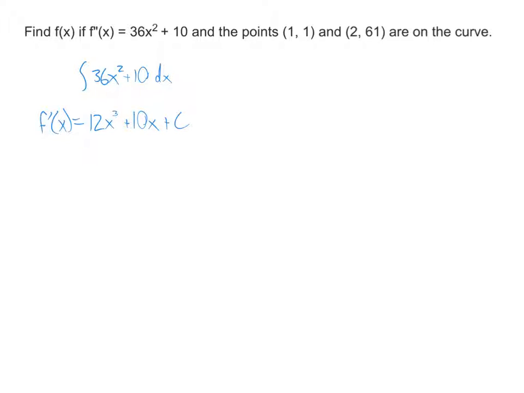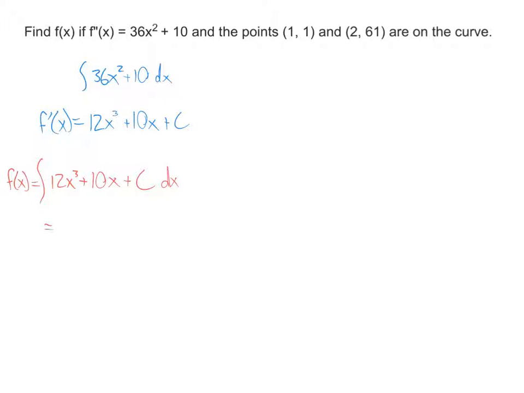We can still take the integral of this because c is a constant, and we can take the integral of a constant. So now we take the integral of 12x cubed plus 10x plus c with respect to x.